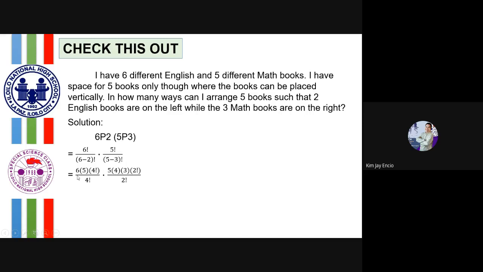This simplifies to 6 times 5 times 4 factorial all over 4 factorial, cancel this, times 5 times 4 times 3 times 2 factorial. Also, you could divide them, which will simplify to 6 times 5 times 5 times 4 times 3, or simply 1,800 different arrangements based on the given.